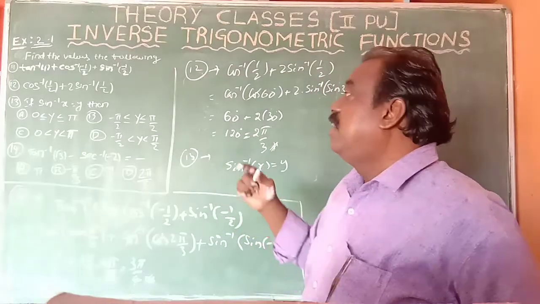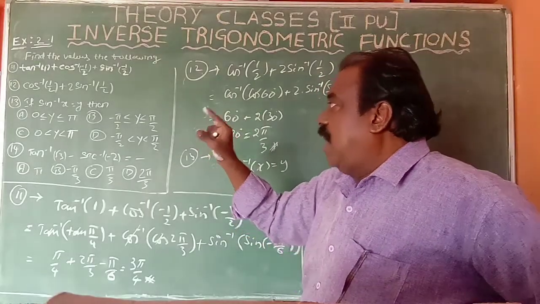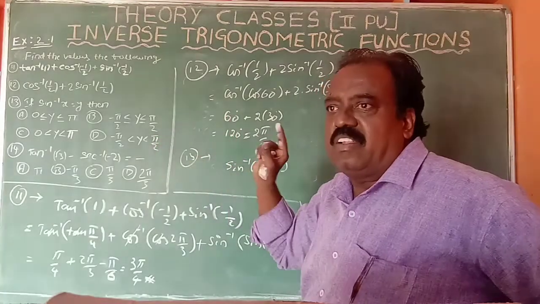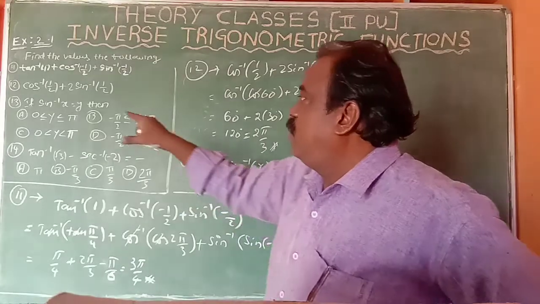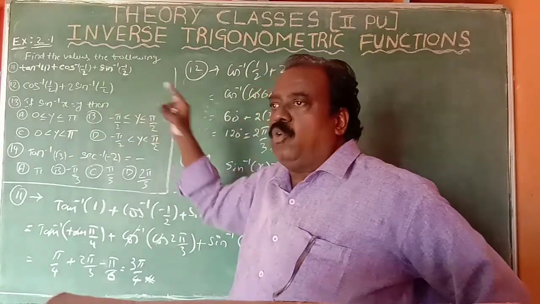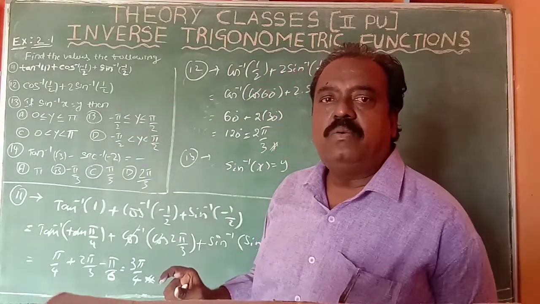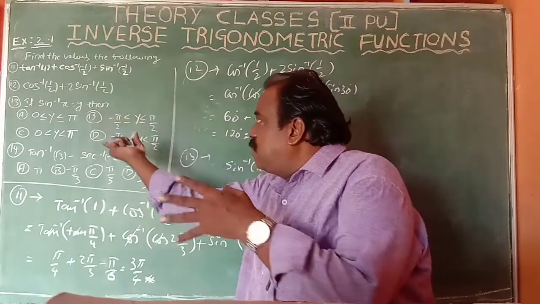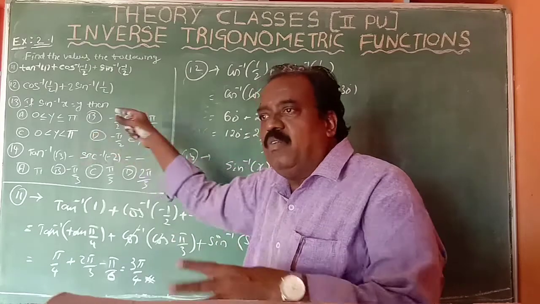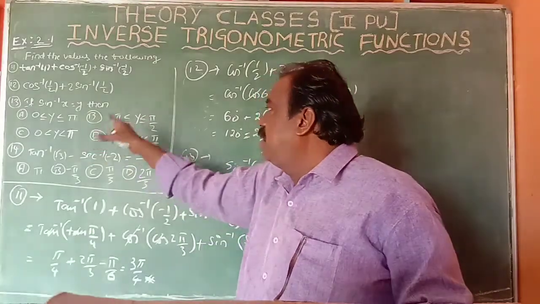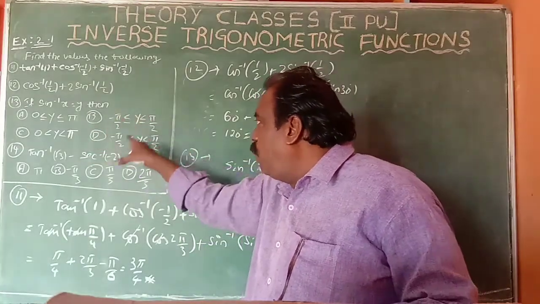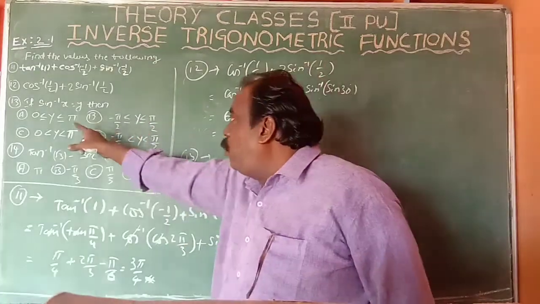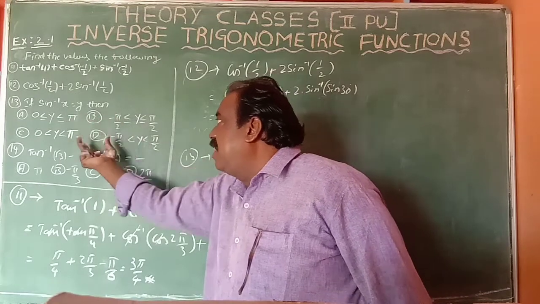Option means the answer is there, the question we have to assume. Here sin inverse x is equal to y, only data is given and the question is not there. The options A, B, C, D are only y with its domain or interval.